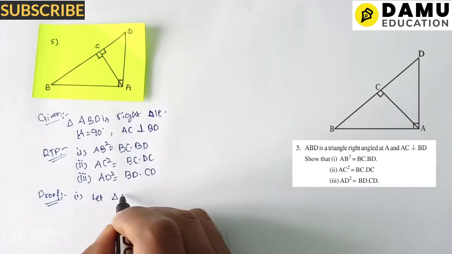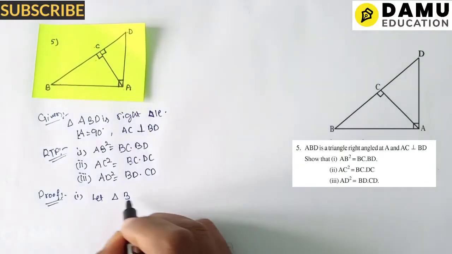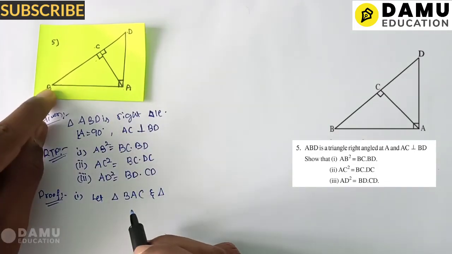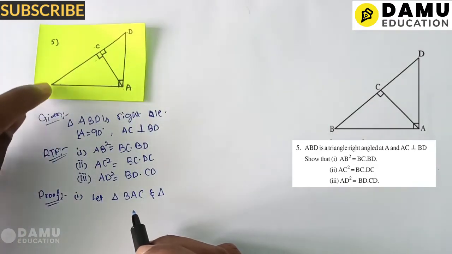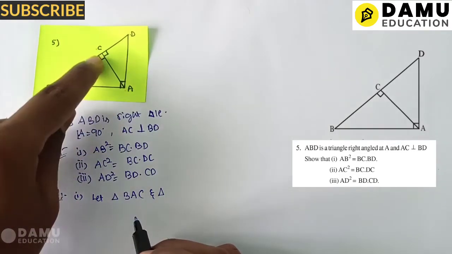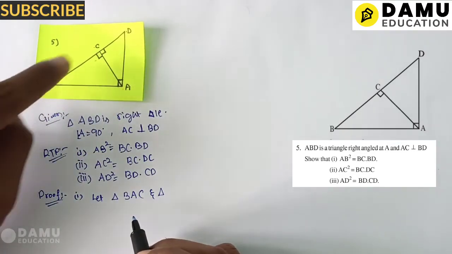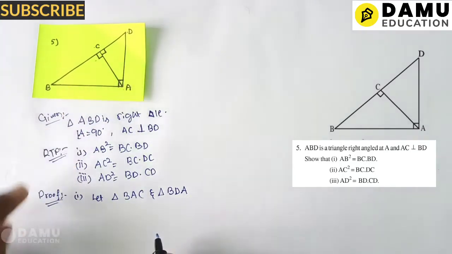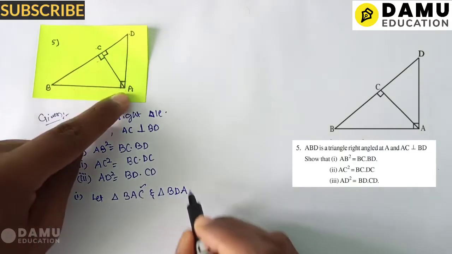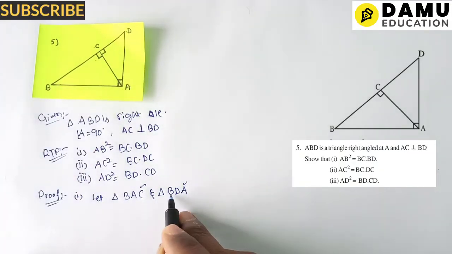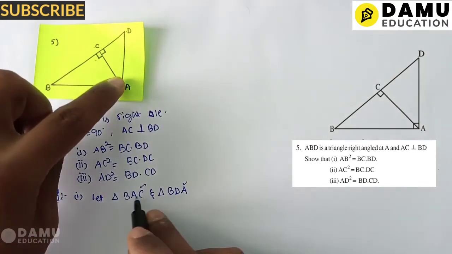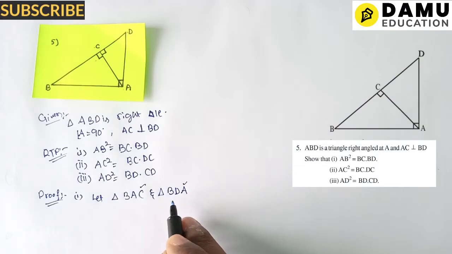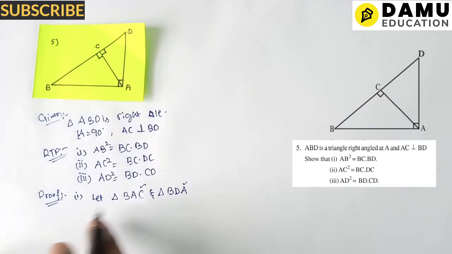Let's consider triangle BAC and triangle BDA. Why? Because here the angle at C is 90 degrees and here angle A is 90 degrees. B is common.